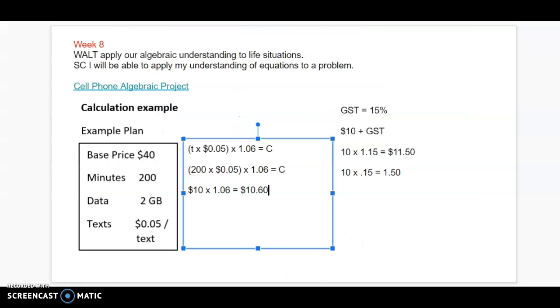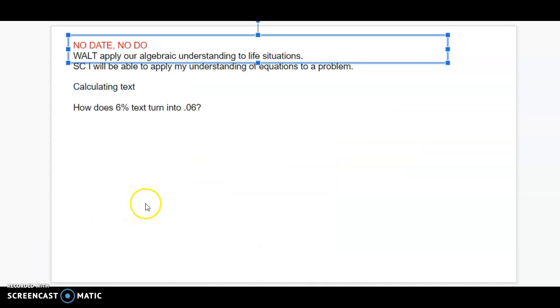If you're struggling to understand this tax business and how I came up with 1.15, you can continue to listen to this recording, and I'll show you on the next slide how I'm coming up with that figure. We'll call this calculating tax percentages.